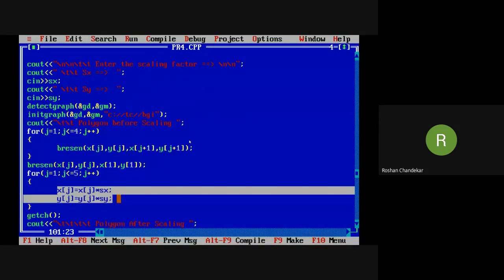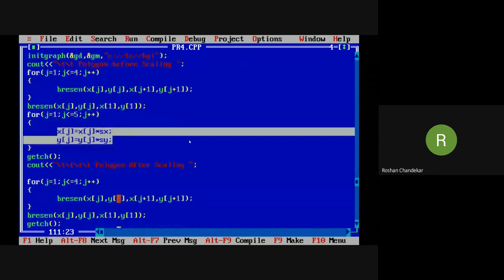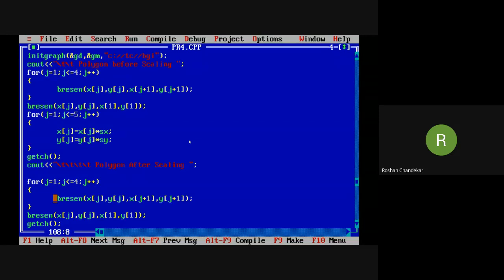This sx and sy value we take from the keyboard. After multiplying, we again call the Bresenham line generating program to draw the polygon after scaling.